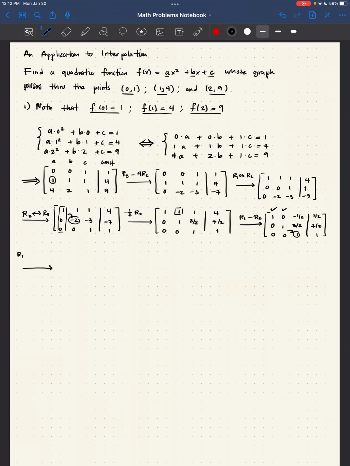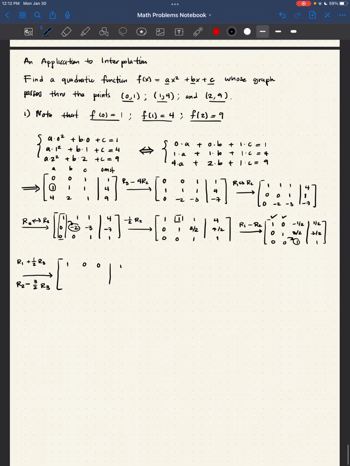To row number 1, I'm going to add 1/2 of row number 3, and to row number 2, I'm going to subtract 3/2 of row number 3, and I will obtain the following matrix: 1, 0, 0, 1, then 0, 1, 0, 2, then 0, 0, 1, 1. Look, I recovered the equations, this being equation number 1, this one equation number 2, and equation number 3.